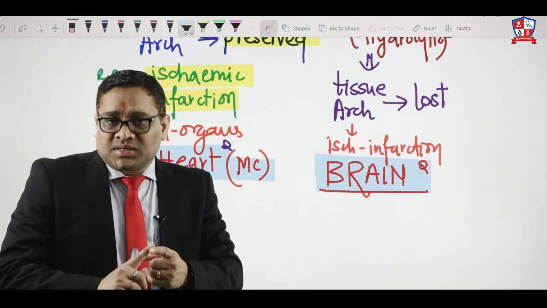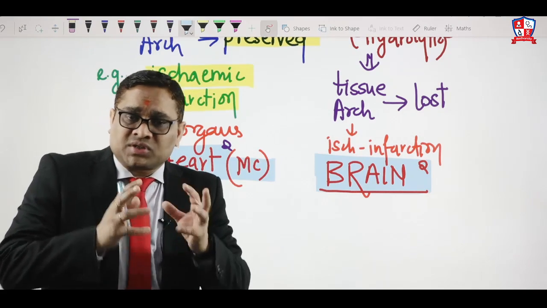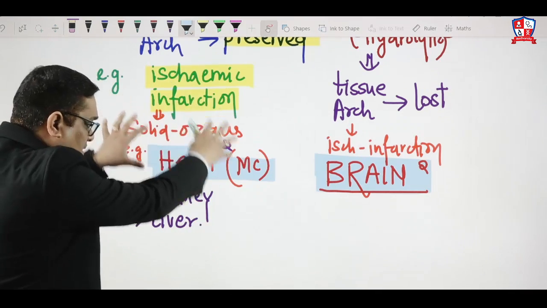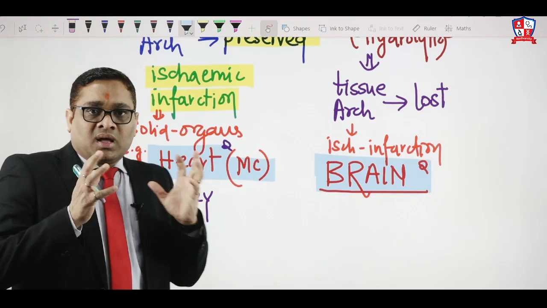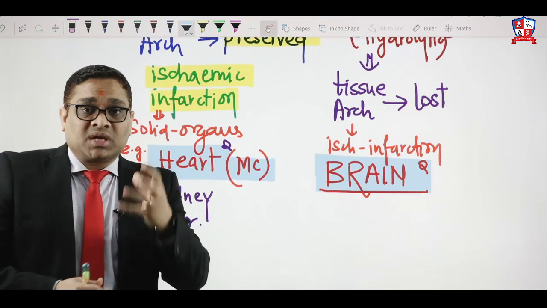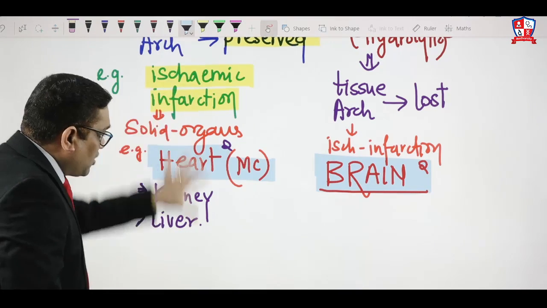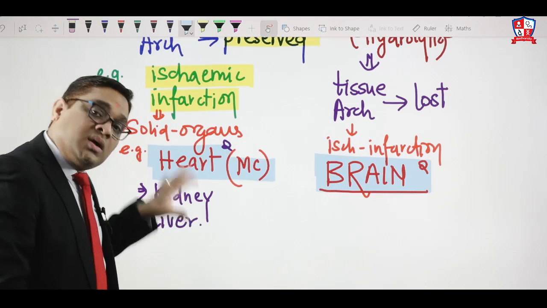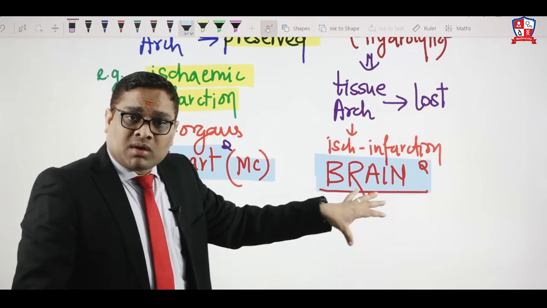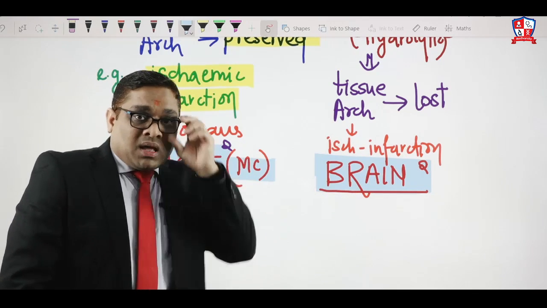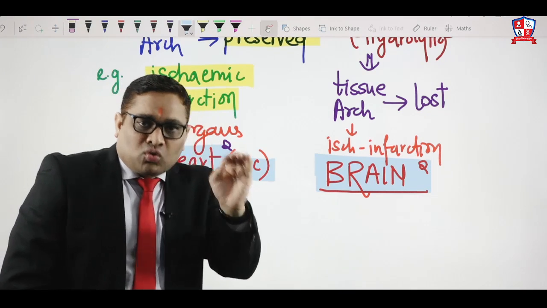Brain does not have collagen, and collagen is required for stromal support. Why are these solid organs solid and having coagulative necrosis? Because they have stromal support. Stromal support is given by collagen. So solid organs, stromal support, collagen. But when we are talking about brain, a pulpy organ, there is no collagen, no stromal support.